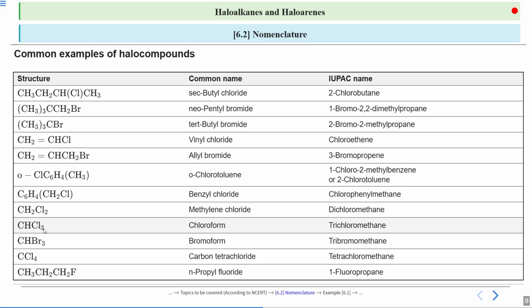Then comes CHCl3, that is chloroform, whose IUPAC name is trichloromethane. Then CHBr3, whose common name is bromoform, and the IUPAC name is tribromomethane.